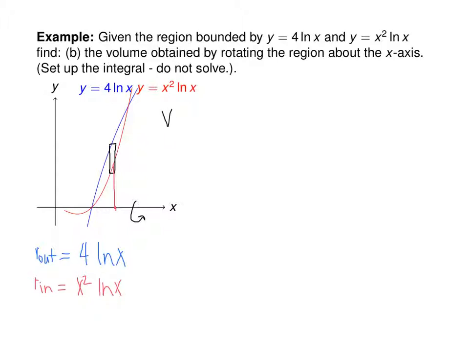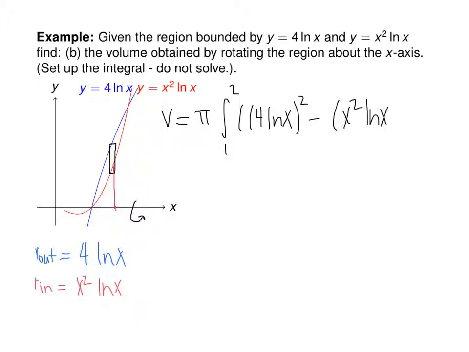And the volume is given by pi times the integral from 1 to 2, r out squared, so 4 ln x, the quantity squared, minus r in squared, so x squared ln x, quantity squared dx. Let's just simplify that slightly, but that in general is the setup.